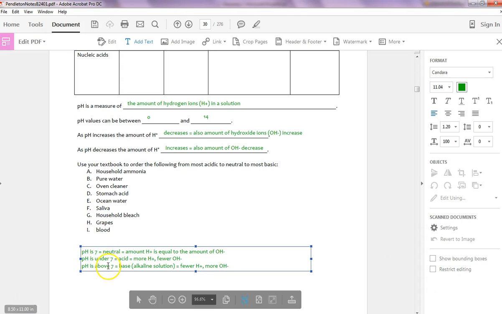So if it's under 7 but really close to 7, it's going to be a weak acid. The further away from 7, the more acidic it gets. The same for basic: closer to 7, it's a weak base; further away from 7, it's a very strong base. So arrange these in order.